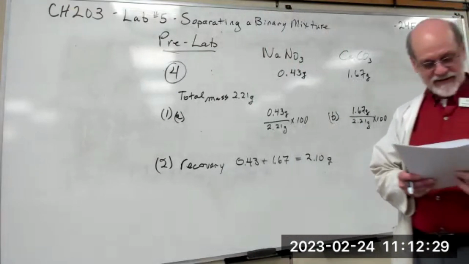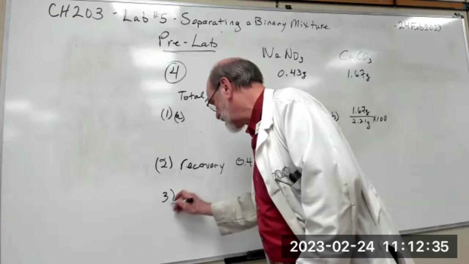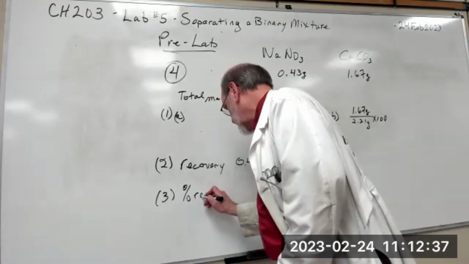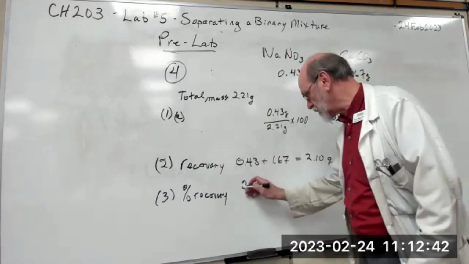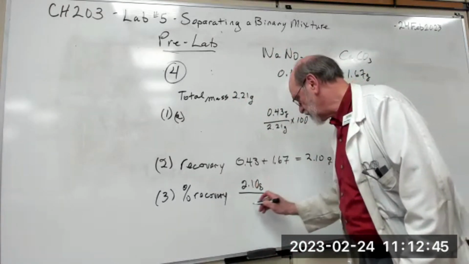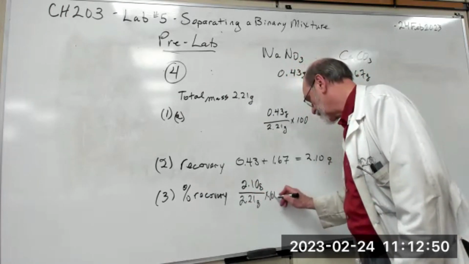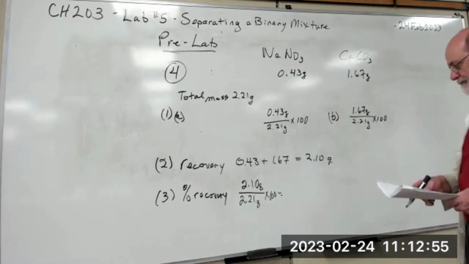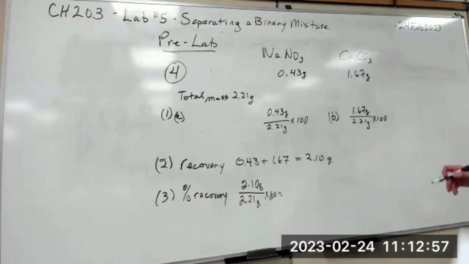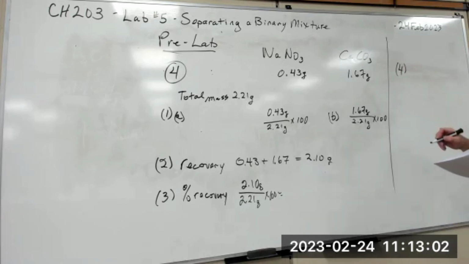So what's the percent recovery? That's step 3. The percent recovery is this amount that was recovered divided by the amount we started with, times 100. That's the percent recovery. And number 4: calculate the percent error for the separation of the components.